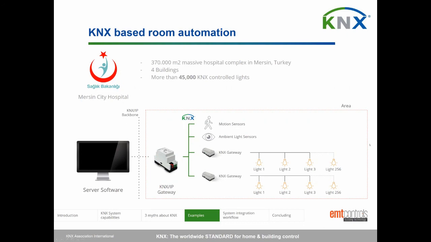Server software, in this case, communicates with the system via local network, thus forming the KNX IP backbone. A very interesting implementation is calculating LED efficiency over time. Ambient light sensors and dimming percentage allow our server to calculate LED brightness decay over time.